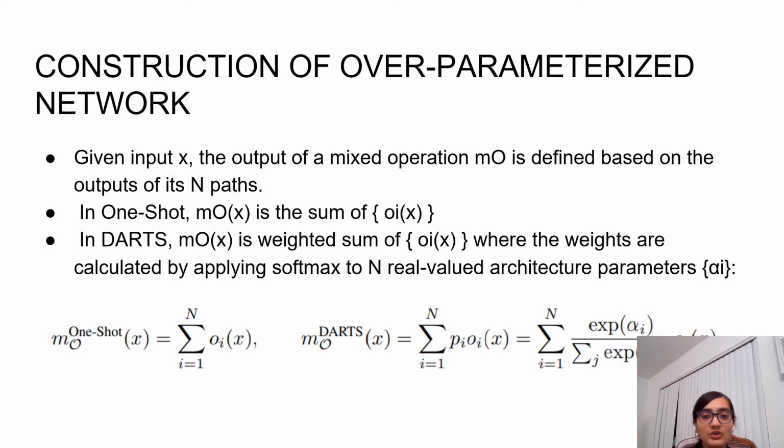So you get the equation as summation of I equal to 1 to n for Pi into O of I of X. But in one shot you only have O of I, because you get only the sum of all the primitive operations.